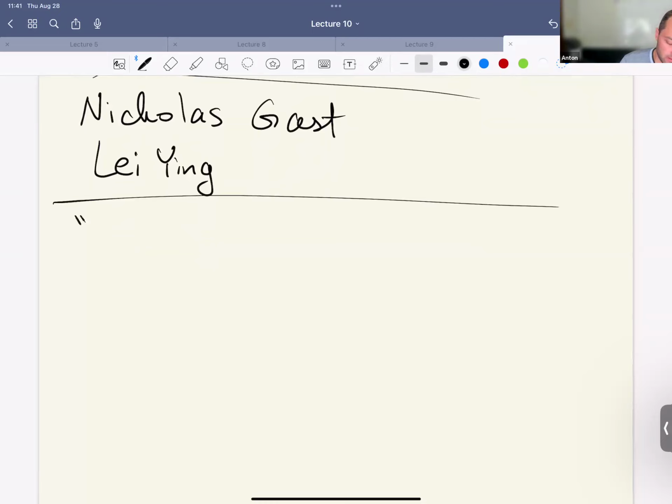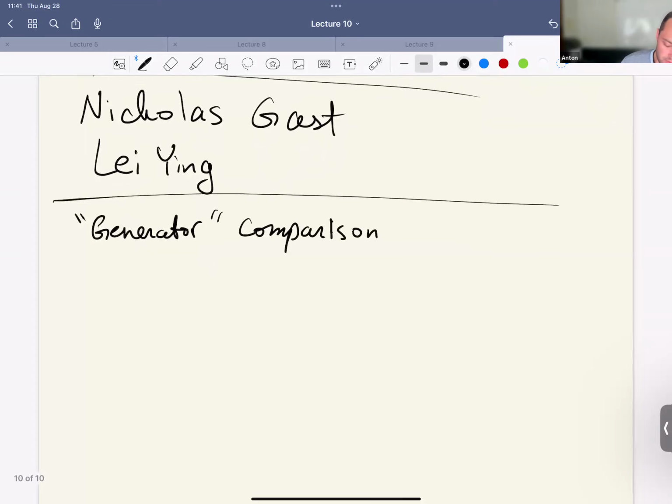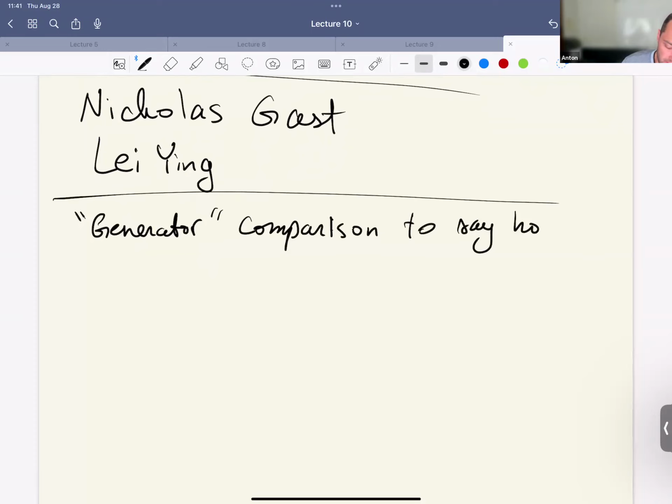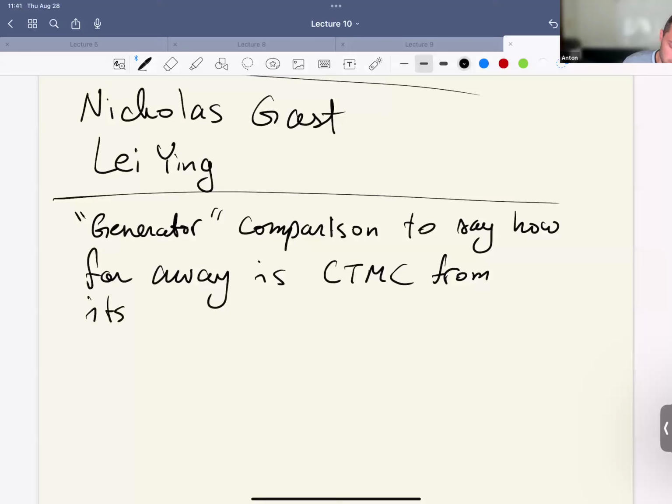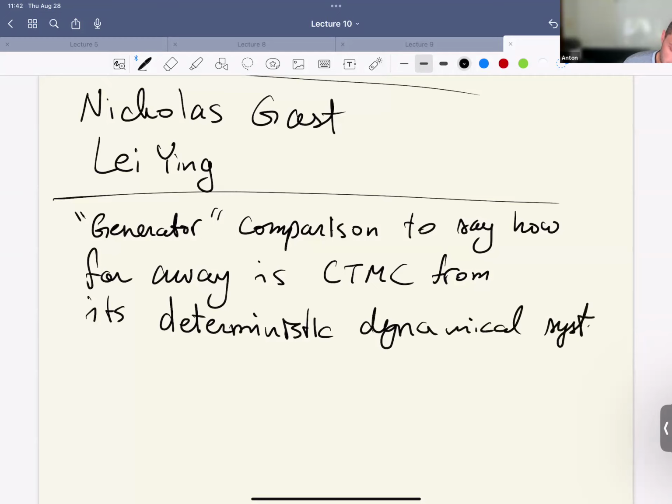Of course, it's like generator comparison, to say how far away is my CTMC, let's just stick to that setting, from its deterministic dynamical system approximation in steady state.